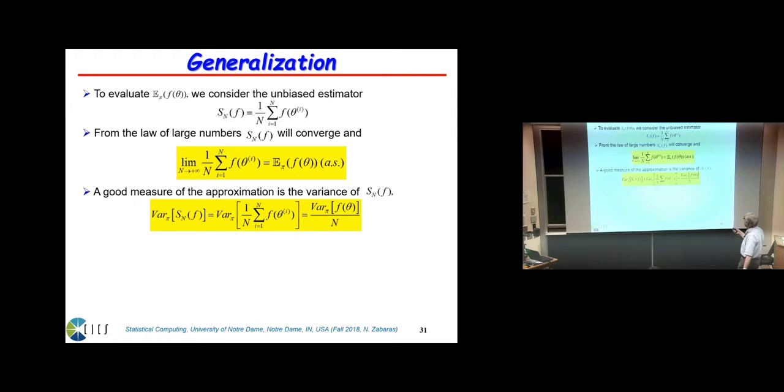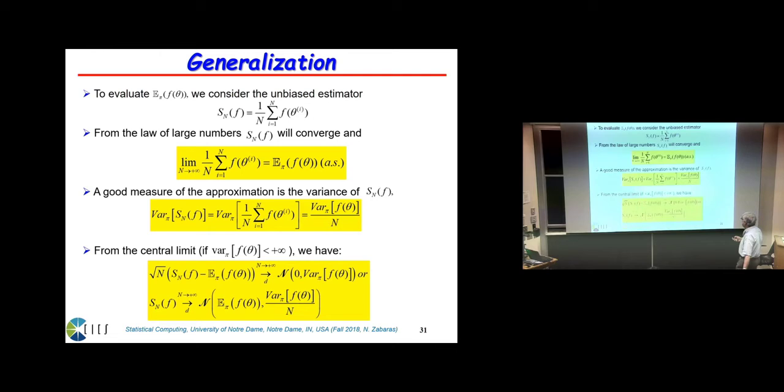And if you want the variance, exactly the same result, right? The variance of the estimator is the true variance of f of theta divided by n, okay? And if you want to write all of this together with the central limit theorem, there's nothing new here, this sample mean, as n goes to infinity, approaches a Gaussian with this mean and this variance. Okay, exactly the same results as before.